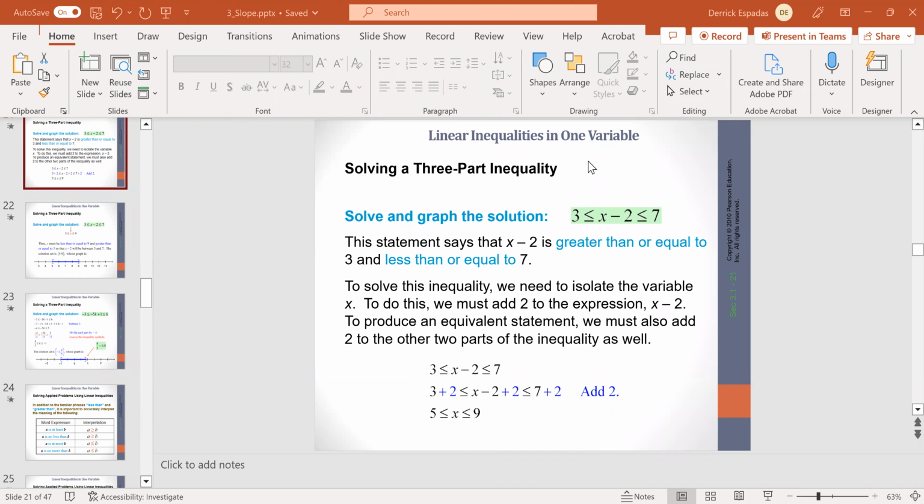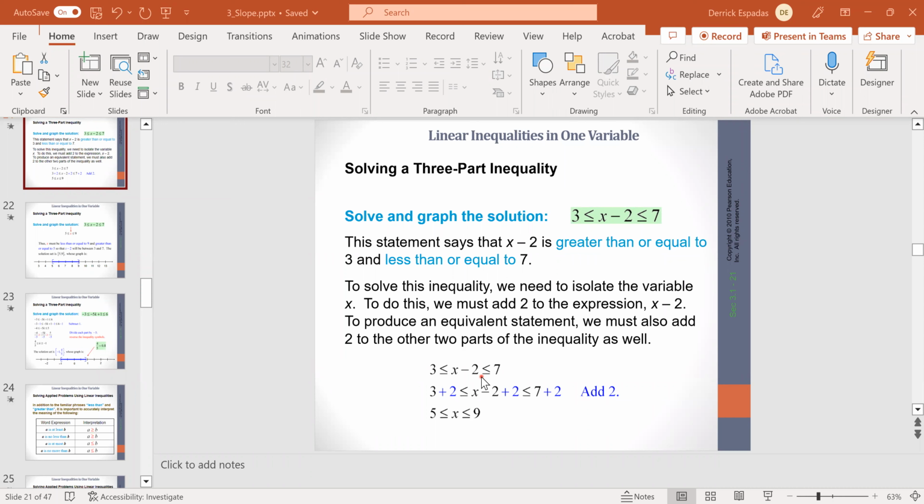Just like an equation or a linear inequality, we can do whatever we want to each of these portions. It's just that when we do it to one portion, we have to do it to the others. So you can see here, we want to isolate the x again, just like in an equation or an inequality. The opposite of -2 is 2, so we're going to add 2 to each section.